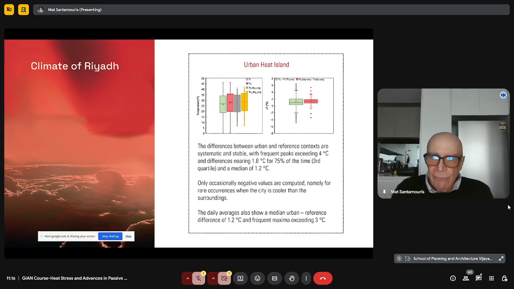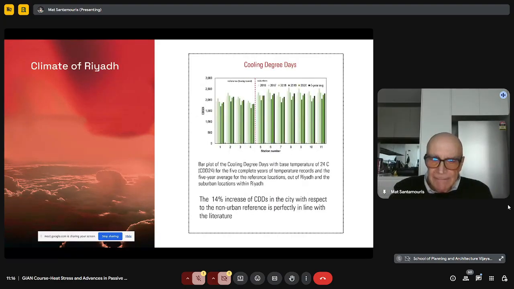So, having a full analysis of the climatic data, we calculated the cooling degree days. Cooling degree days show the cumulative impact of the climatic conditions in the city, especially regarding the impact on the cooling demand of the city.